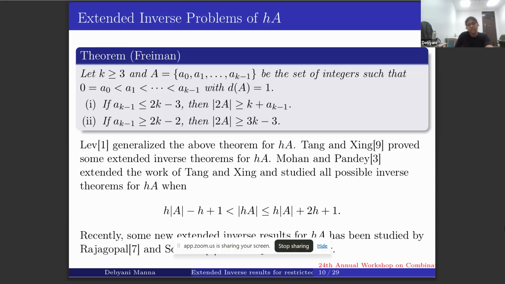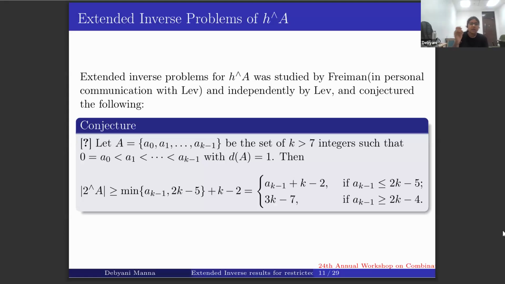Recently, extended inverse results for hA have been studied by Rajagopal and Sinia in a more precise manner, so one can check that as well. Now, about the extended inverse result of the restricted H-fold sumset.